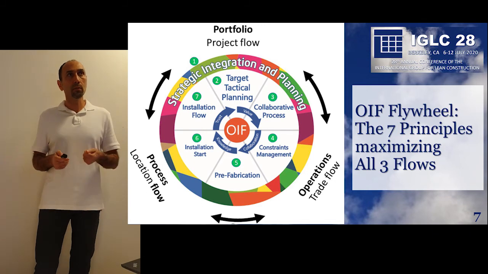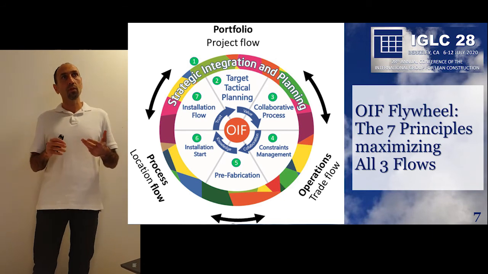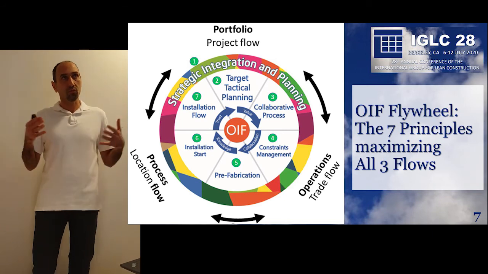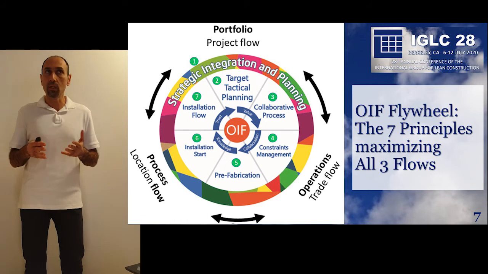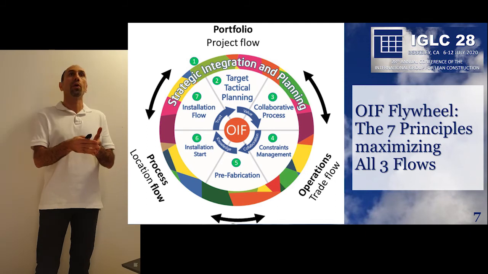And this is by maximizing the project flow, the trade flow, and the location flow. So we need to keep in mind that if we don't address all of these flows in parallel, essentially one would be at risk. So this is really the connection between the PPO model and the OIF.